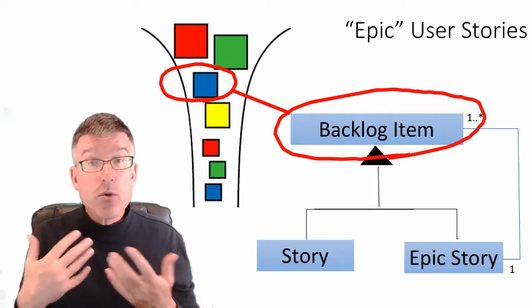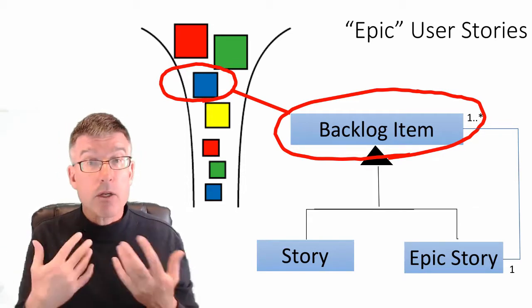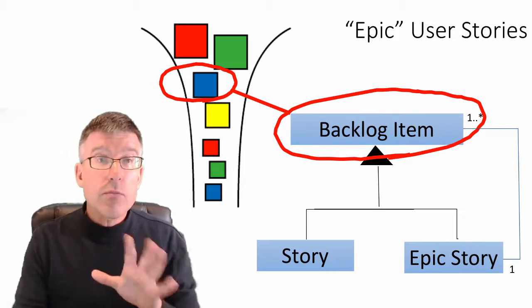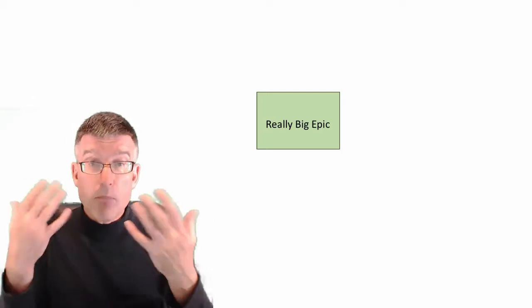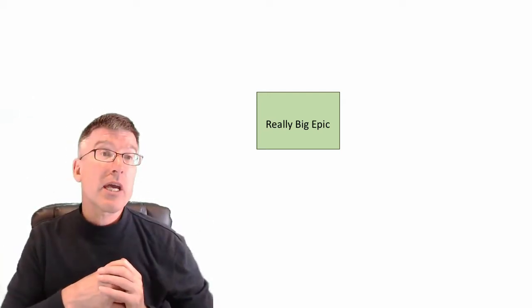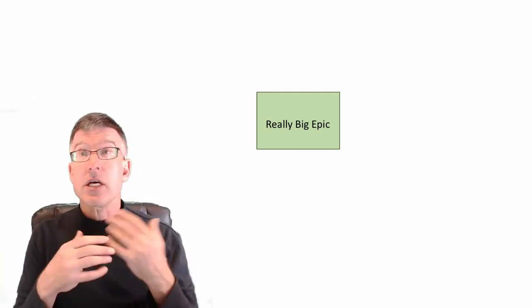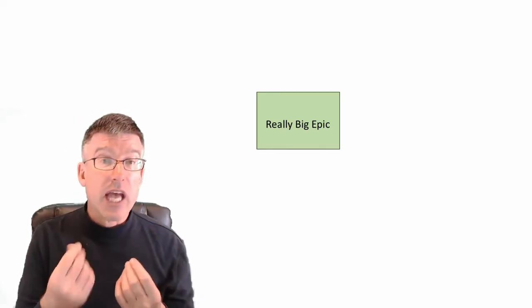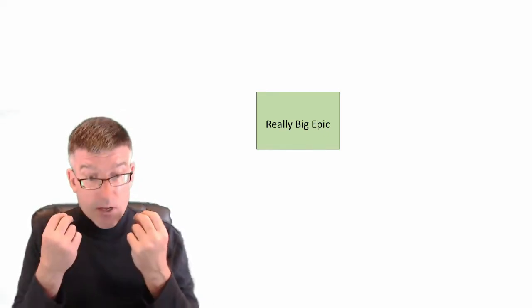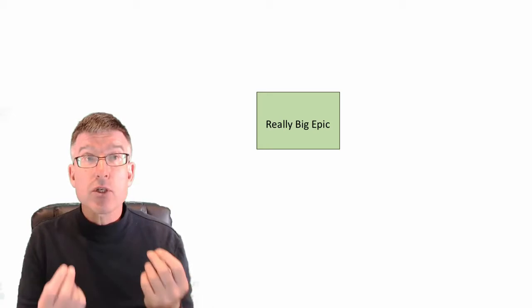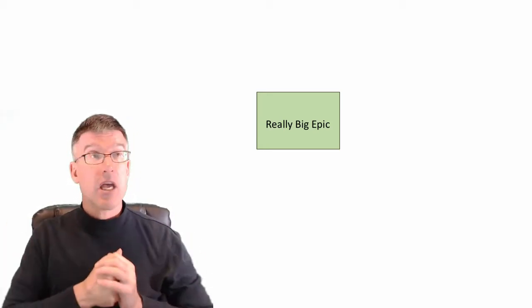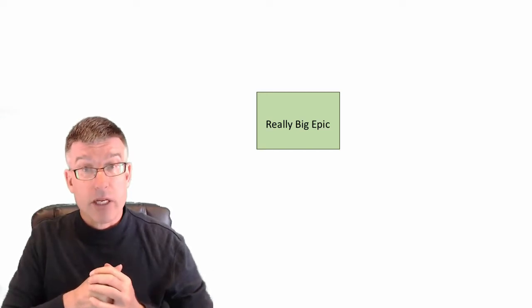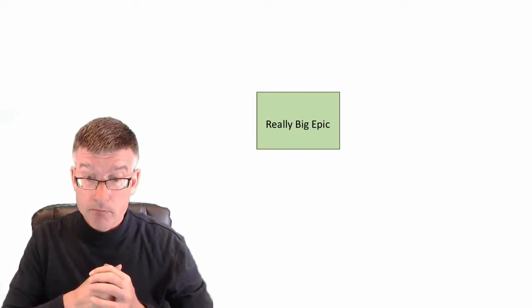Now, for those of you who are not hip on UML, I can give you a better example of what an epic is. Here we have a really big epic. It's a story that describes an end-to-end valuable behavior to a stakeholder of the system, but we discover that it is too big to implement in a single sprint or iteration.